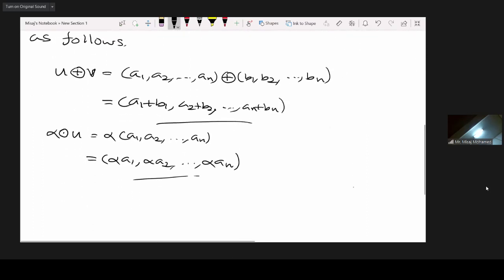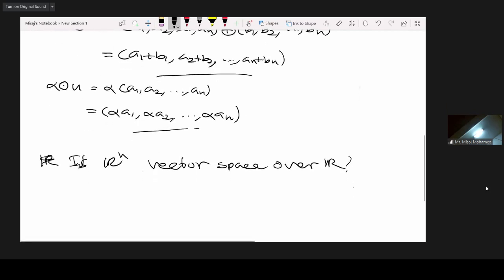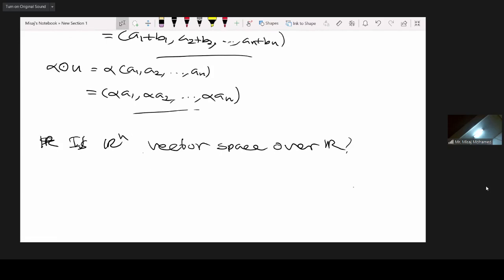So we have to check whether Rn is a vector space over R. Is Rn a vector space over R, right? So how do we check?